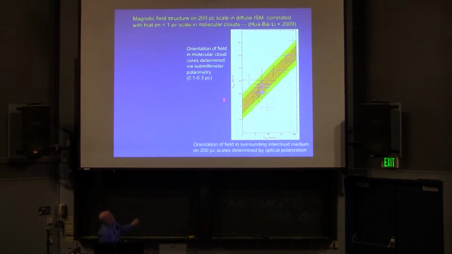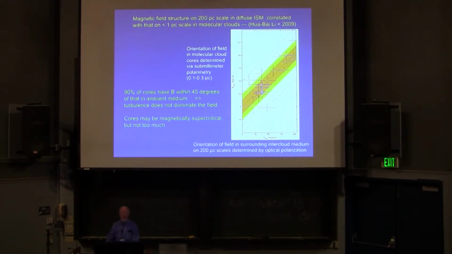They plotted the angle of the magnetic field in the cores inside the clouds, on very small scales, less than a parsec, against the angle of the field in the surrounding atomic gas on scales of a couple of hundred parsecs. The dark part is within 30 degrees and the yellow part is within 45 degrees. The result they got was that 90% of the cores have a field aligned to within 45 degrees, whereas randomly you'd expect only half.